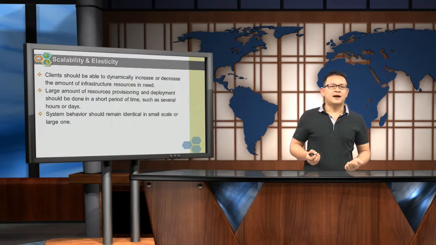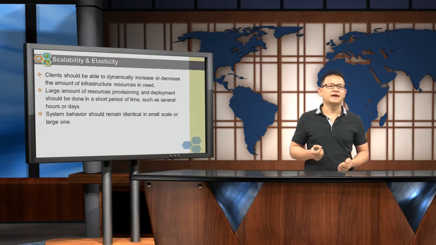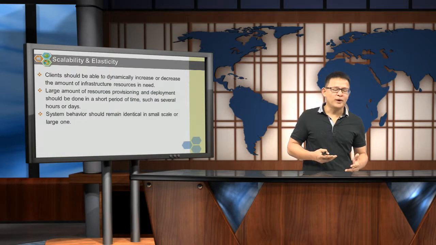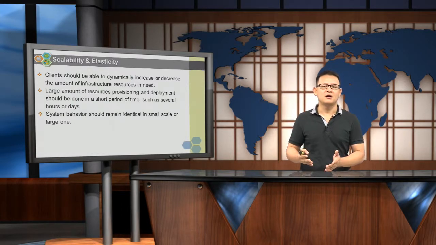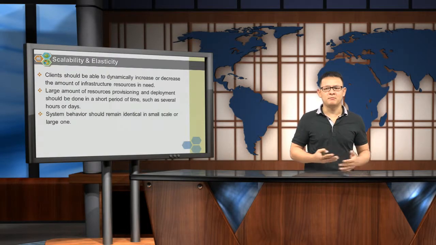So the client should be able to dynamically increase and decrease the amount of infrastructure resources in need. Because when you use cloud, one of the things it allows you to do is reduce a huge amount of work on how to deal with the problem of hardware and the problem of performance.